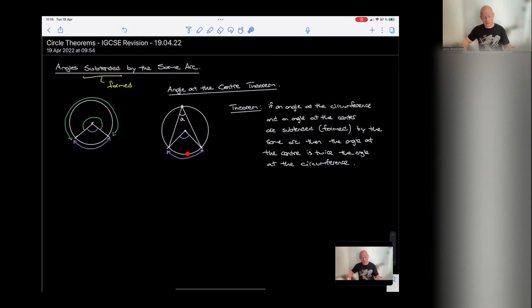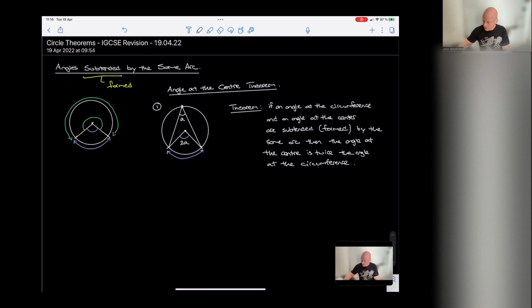Once you've established that, you need to ask yourself which angle at the center is being formed by that same arc? And again, that's this one here. Once you've identified those two things, you can go ahead and state, without even thinking really, that the angle at the center has to be 2a. Done.